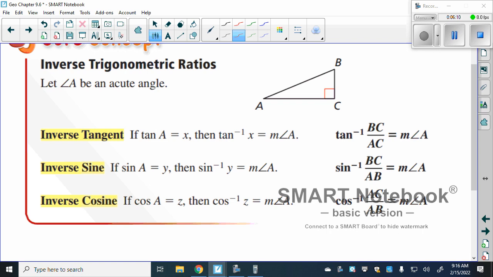If tangent of A is equal to x, then tangent inverse of x is equal to the angle. You don't have to write all these in, but the main thing I would emphasize is that if we have sine of A and take sine inverse of both sides, we get the angle by itself. If we have cosine of A and take cosine inverse of both sides, we get the angle by itself. The same thing is true for tangent.